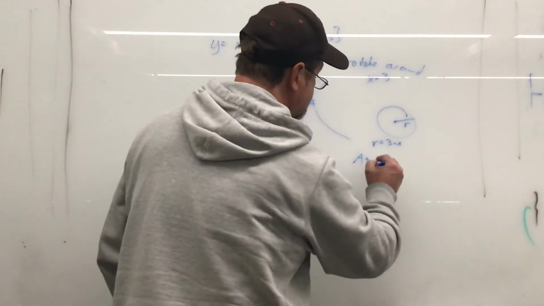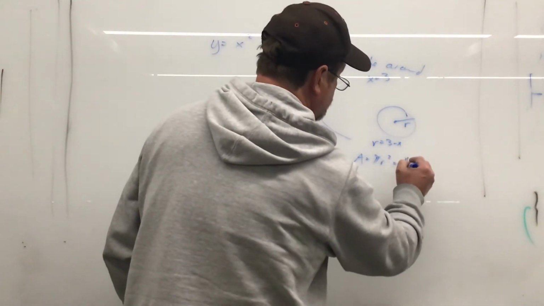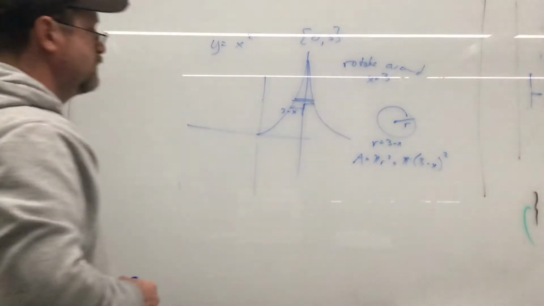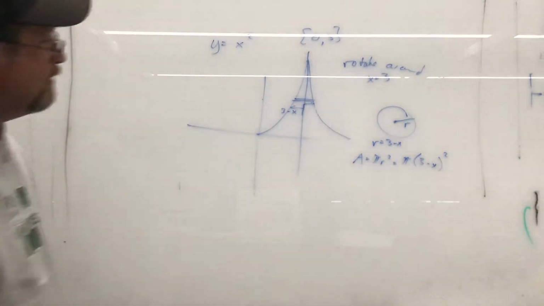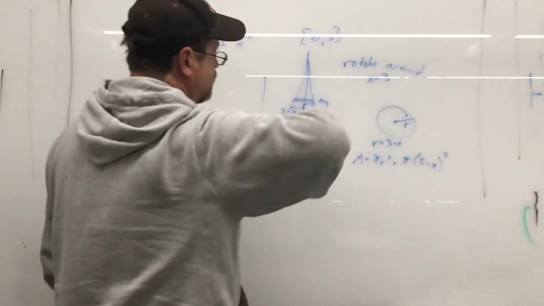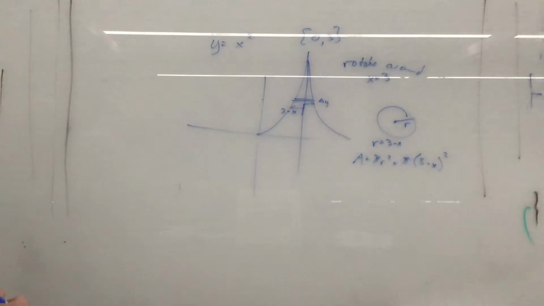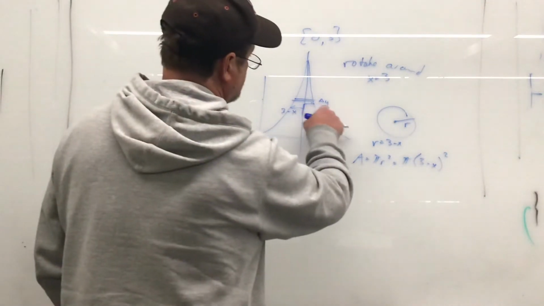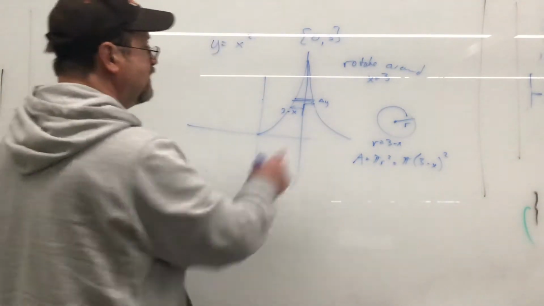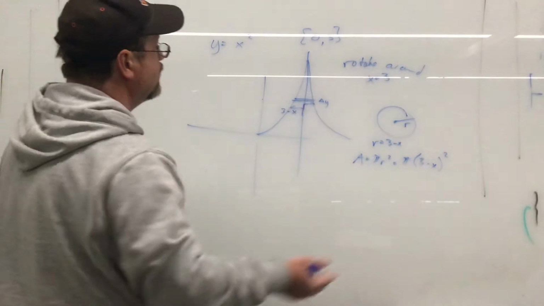Of course, my area is pi r squared. So this is going to be pi times (3 minus x) squared. However, this slice right here, I've sliced in the y direction. I need things in terms of y. Well, to get things in terms of y, I said this was 3 minus x, and it's not false that it's 3 minus x, but it needs to be in terms of y.